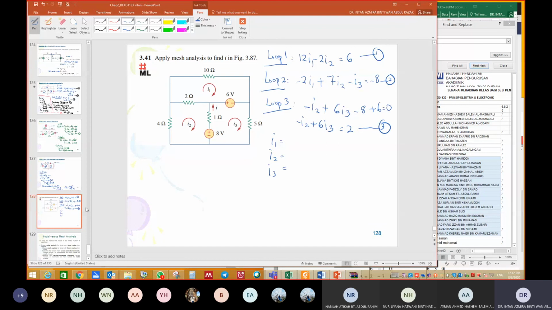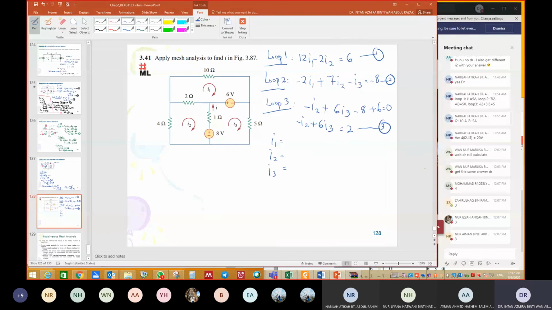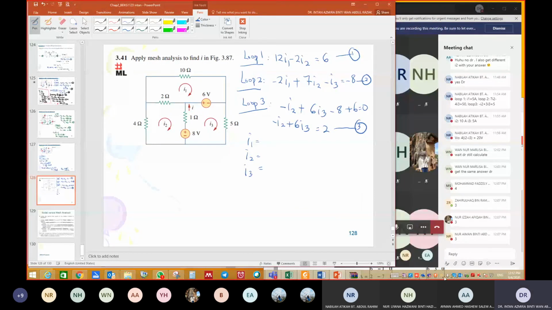Islam Ahmad. So how to find I? I2 minus I3.